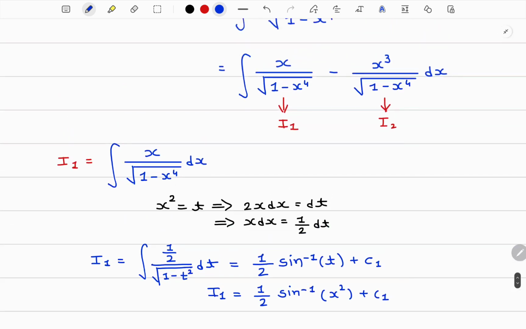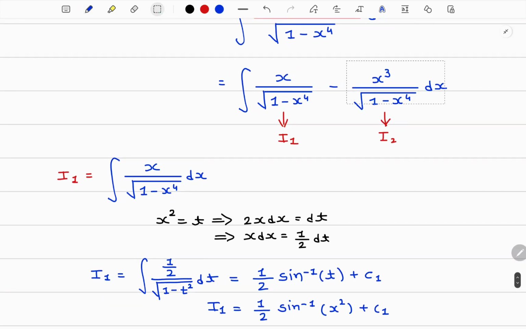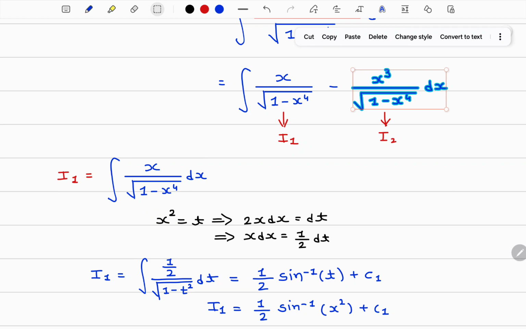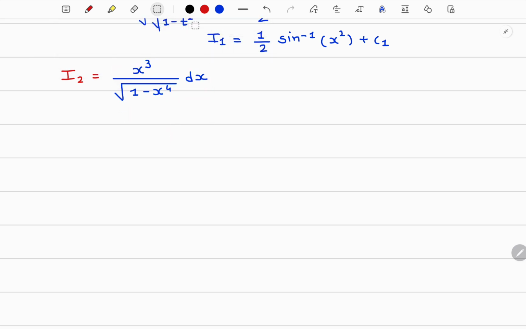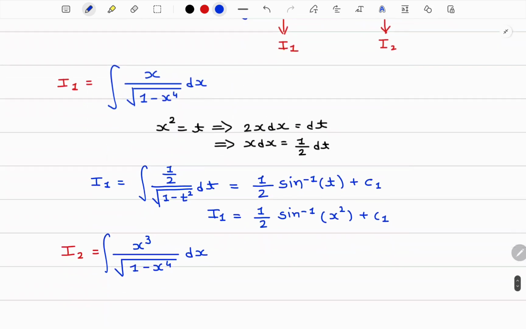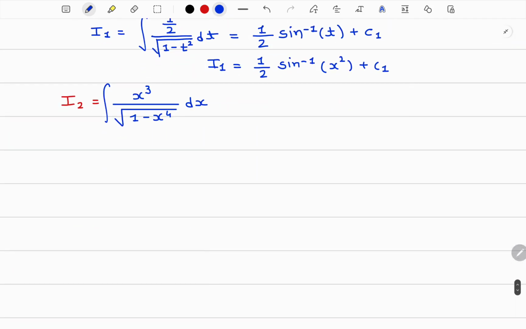And in I2, हमारे पास क्या है? तो चलो I2 is integration x cube upon under root 1 minus x raised to 4, right? So as we can see here, x cube. So what is differentiation of x raised to 4? 4x cube, right?